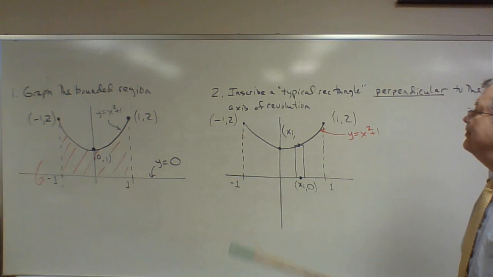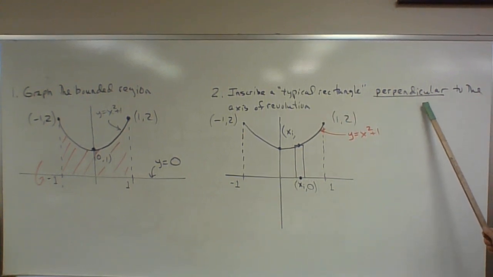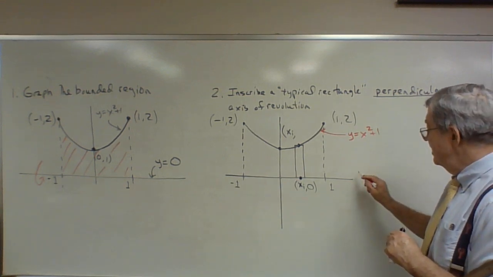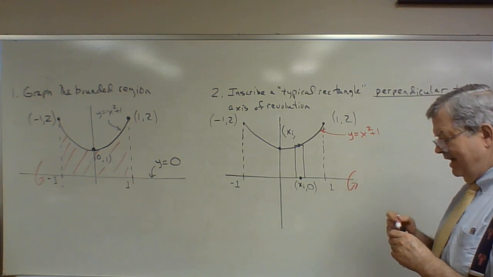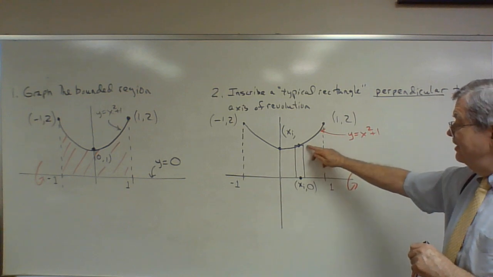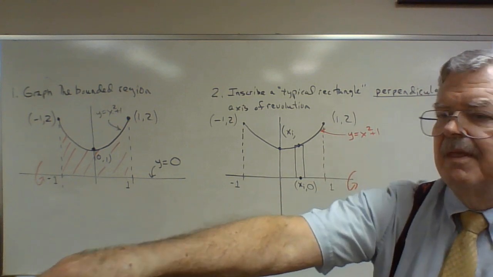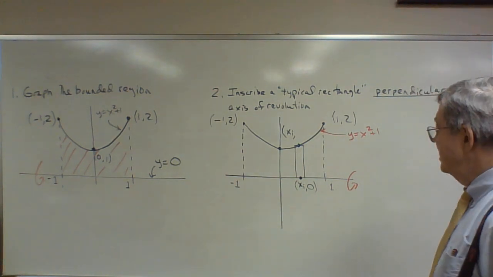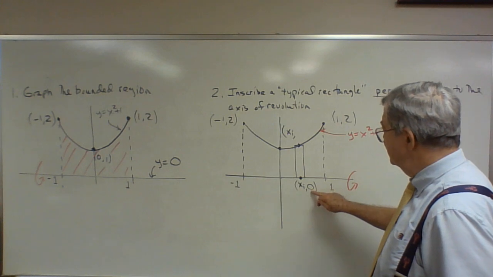Okay, step 2. Inscribe a typical rectangle perpendicular to the axis of revolution. And remember, the x-axis in this case is our axis of revolution. So this is perpendicular to the axis of revolution. This is x sub i on the x-axis, y is 0.